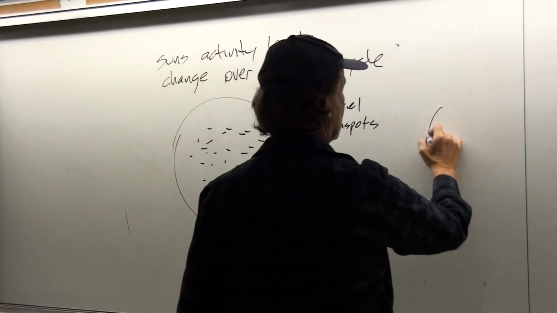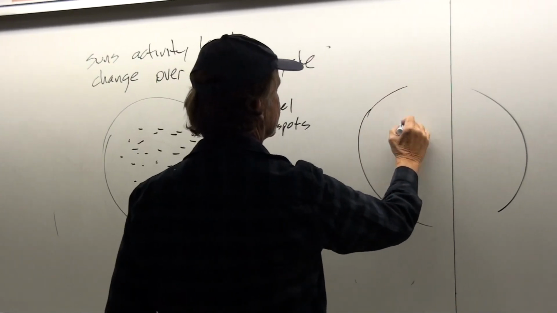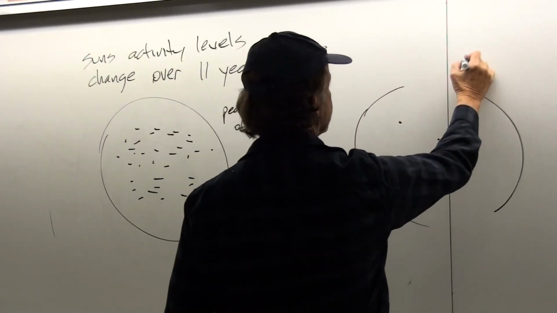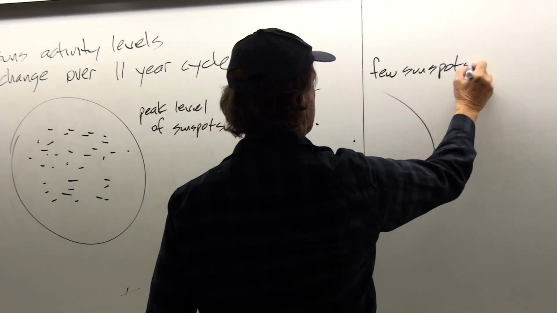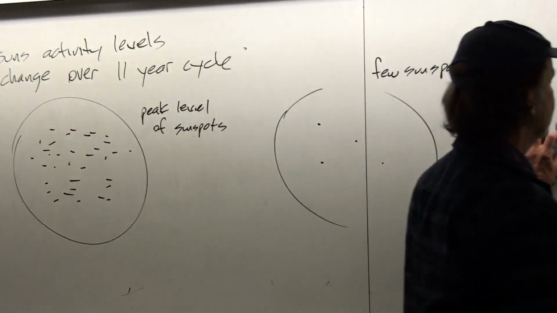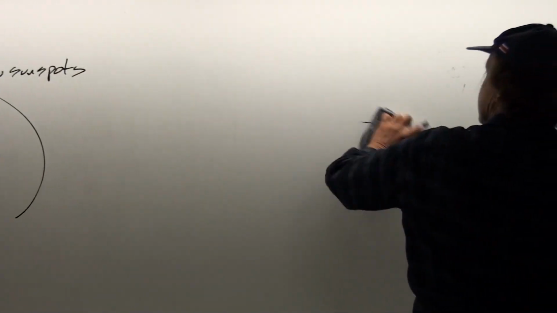Then, maybe 5.5 years later, we have very few sunspots. Then another 5.5 years later, we go to more sunspots again.